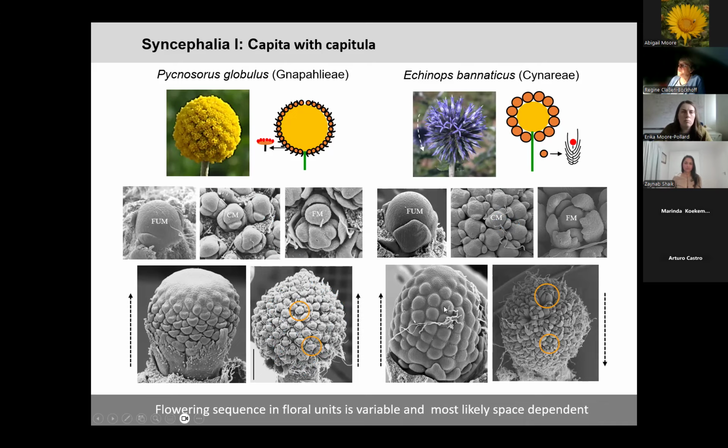In Echinops, the capitular meristems have no scales. They are initiated in a naked mode, and the capitular meristem produces up to 20 spiny involucral bracts, just seen here, and then the capitular meristem directly transitions into a flower meristem, resulting in one-flowered capitula.